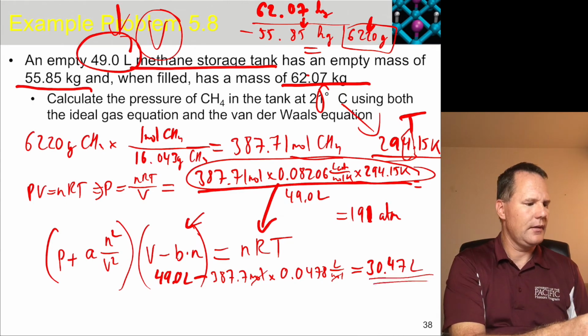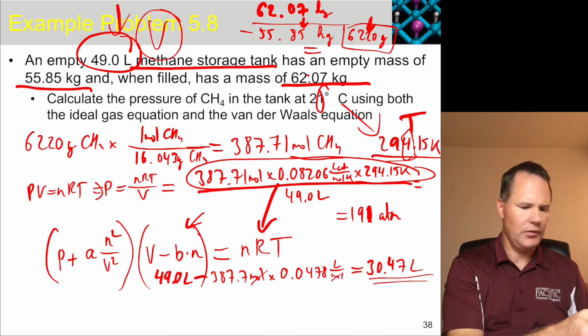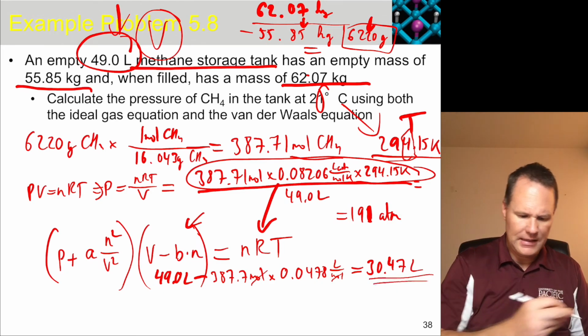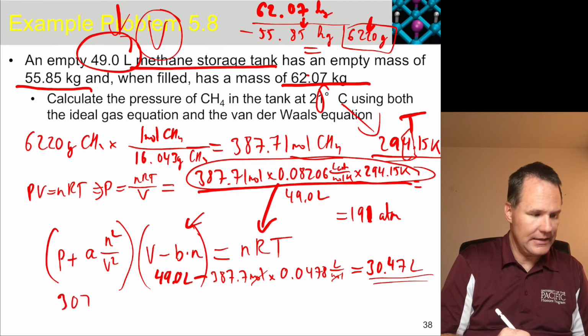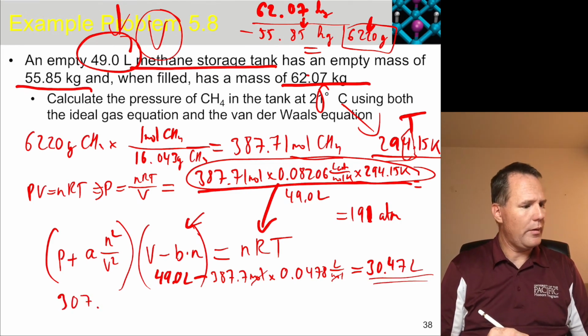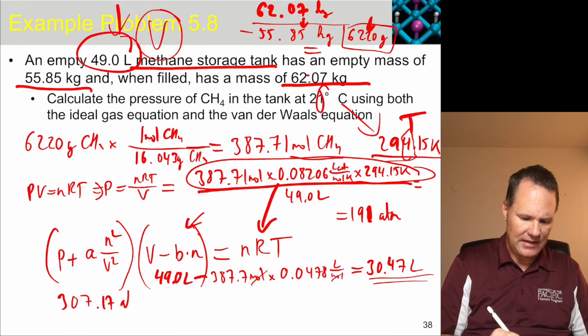Okay, so I have the moles times 0.08206 times 294.15, divided by this new corrected volume, and that would give me 307.17 atmospheres, right?